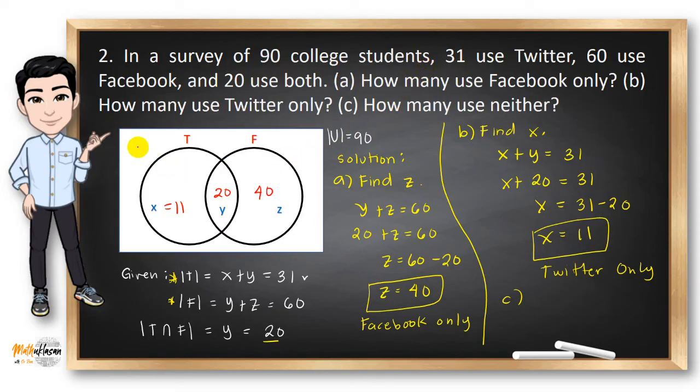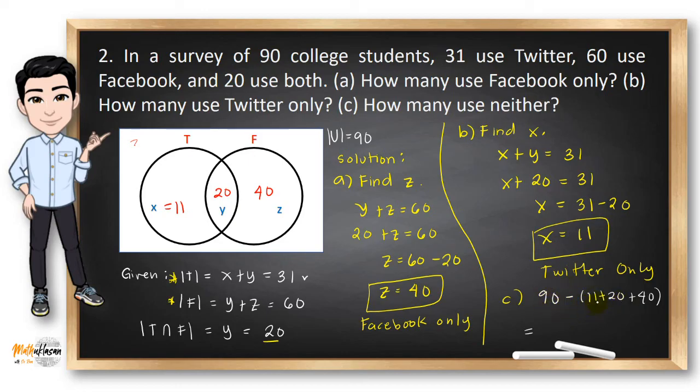So for us to look for the cardinality of the region outside the two circles, all we need to do is to add 11, 20, and 40 and subtract it from 90. So we have here the formula 90, which is the cardinality of the universal set, minus 11. Oops, that's not right. It should be minus 11 minus 20 minus 40, or as simple as subtracting 11, 20, and 40 from 90.